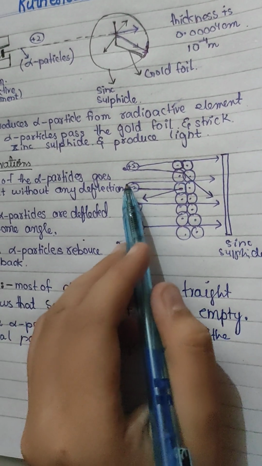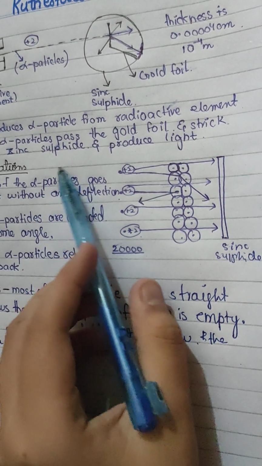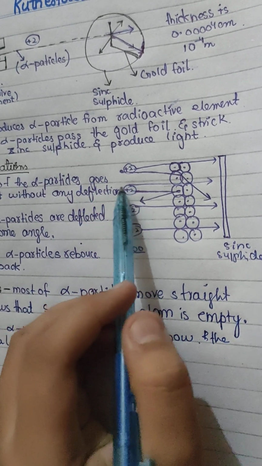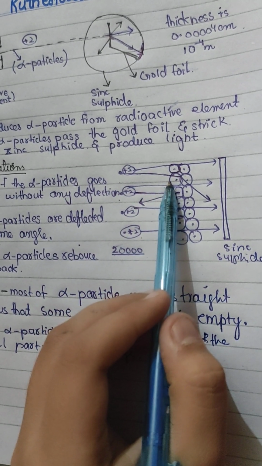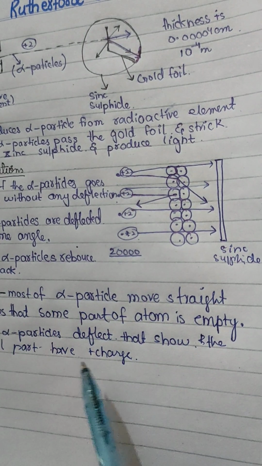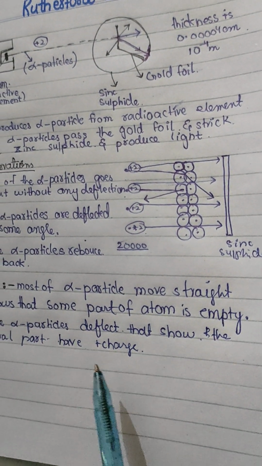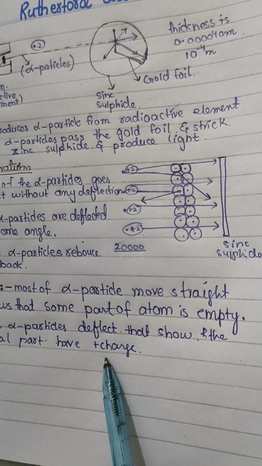When they deflect from here, because the alpha particles are positive, after deflection it shows that positive charge is present in the nucleus.